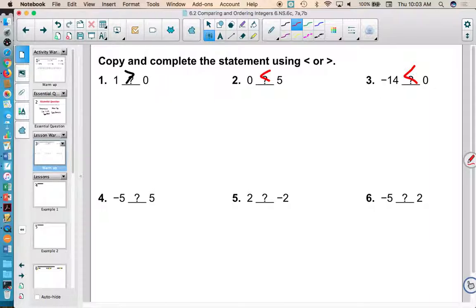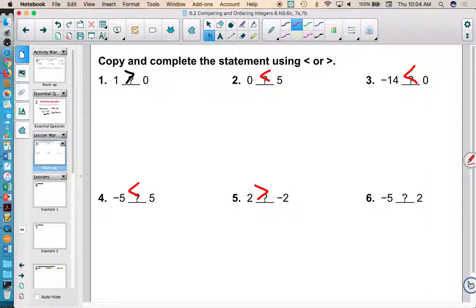What about -5? Is it greater than or less than +5? -5 compared to 5. Jaslyn? It is less than. Good. What about 2 and -2? -2 is less than, so 2 is greater than -2.